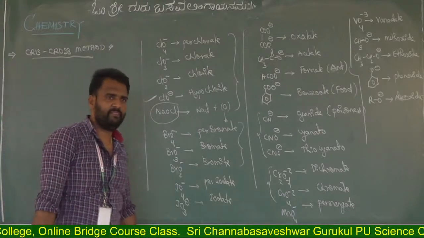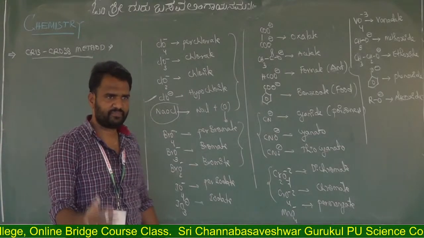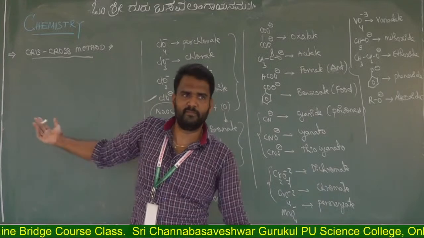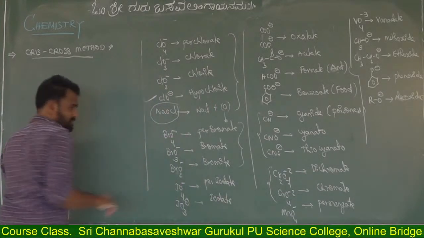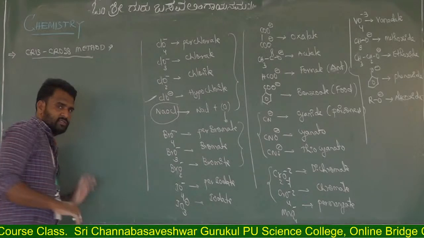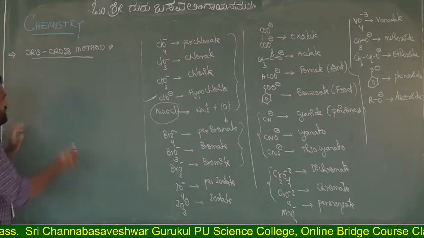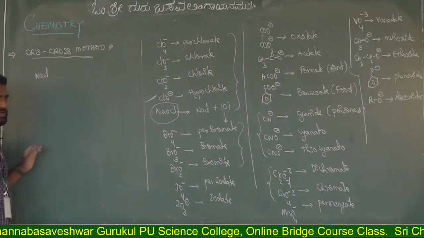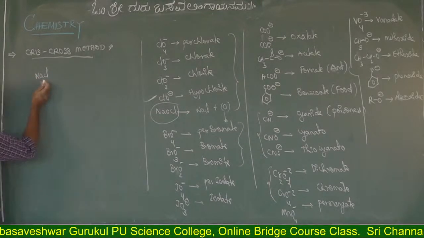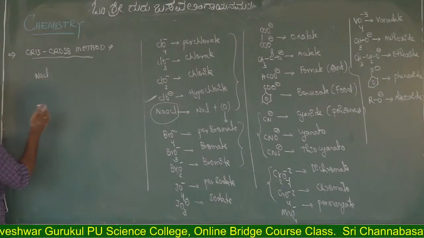Let me give an example of writing the formula from cation and anion. Some students will write, don't make notes, just concentrate. If I want to write sodium chloride, what is the formula? One student will take Na plus, NaCl is sodium chloride. Nice.